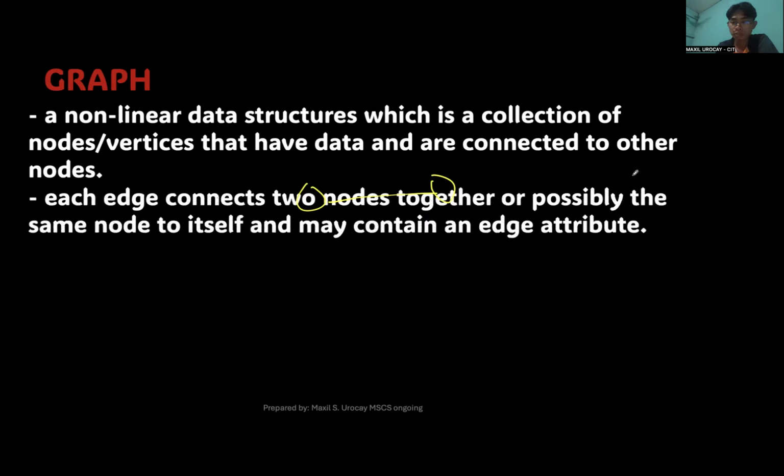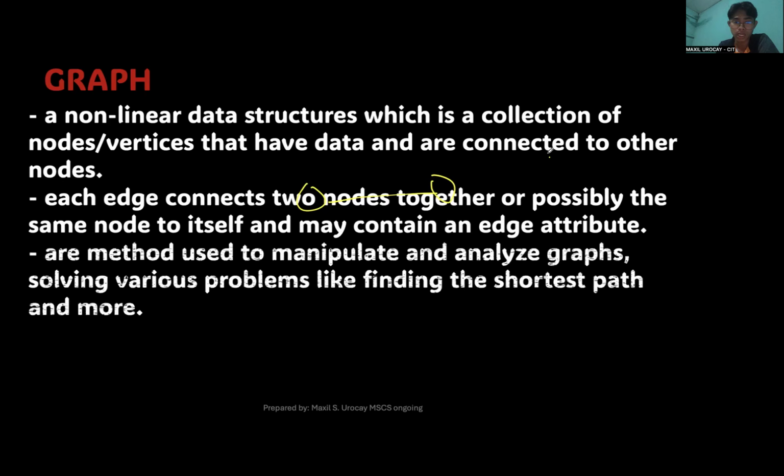Each edge connects two nodes together, or possibly the same node to itself, and may contain an edge attribute. That is how a graph works. Methods are used to manipulate and analyze graphs, solving various problems like finding the shortest path and more.